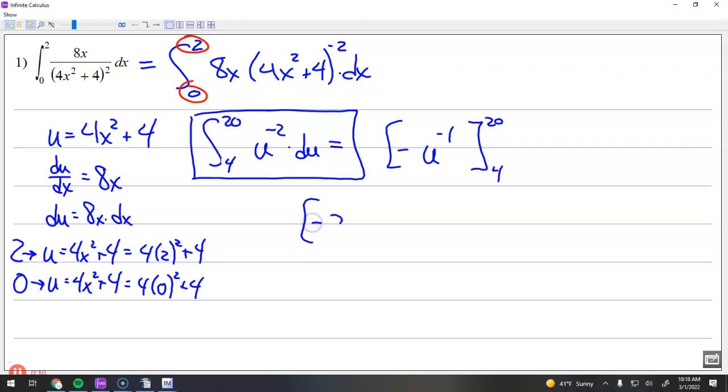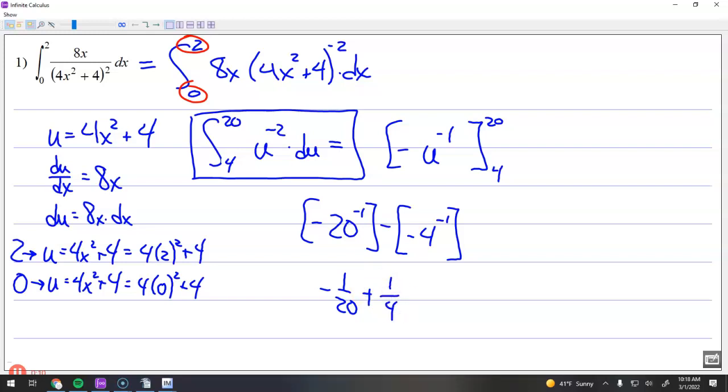So negative 20 to the negative 1 minus negative 4 to the negative 1. So what's 20 to the negative first? 1 over 20, so negative 1 over 20. Minus, this is 1 over 4, and then negative 1 over 4. But then minus negative 1 over 4, so plus 1 over 4.